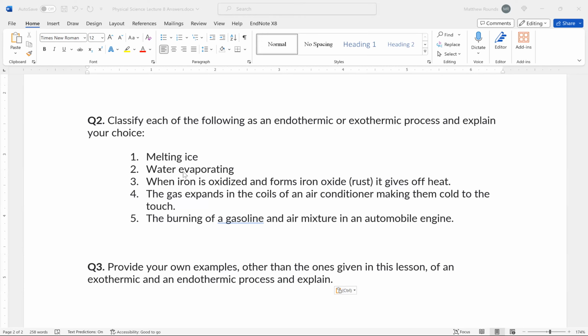All right, I am back. And the main difference between endothermic and exothermic, I'll write that here. Exothermic is when energy is released.